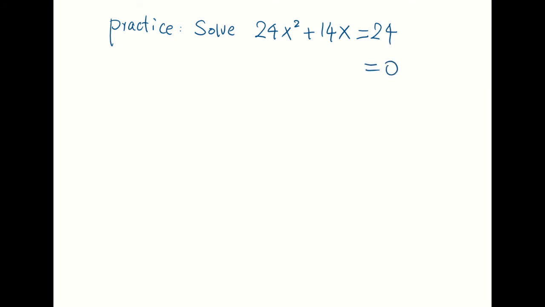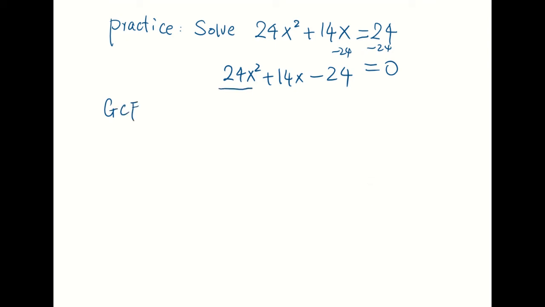Okay, so what I'm going to do is subtract 24 on both sides. So I have 24x squared plus 14x minus 24 equals 0. So next step, we want to check if there's any greatest common factor.